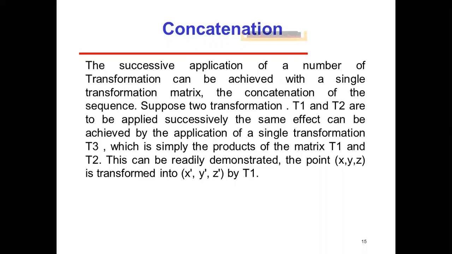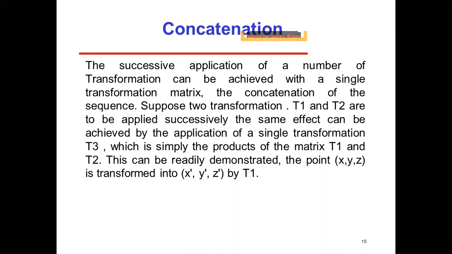So suppose we have two transformations T1 and T2 to be applied successively. The same effect can be achieved by the application of a single transformation T3, which is the final transformation.